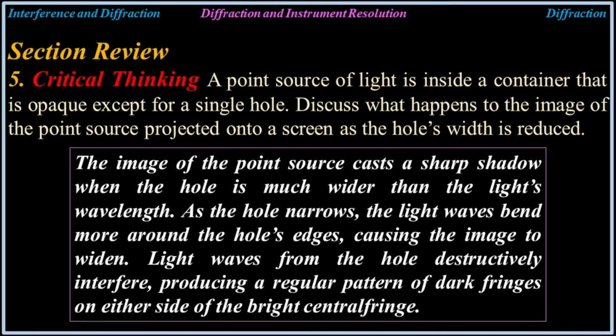As the hole narrows, the light waves bend around the hole's edges, causing the image to widen. Light waves from the hole destructively interfere, producing a regular pattern of dark fringes on either side of the bright central fringe.